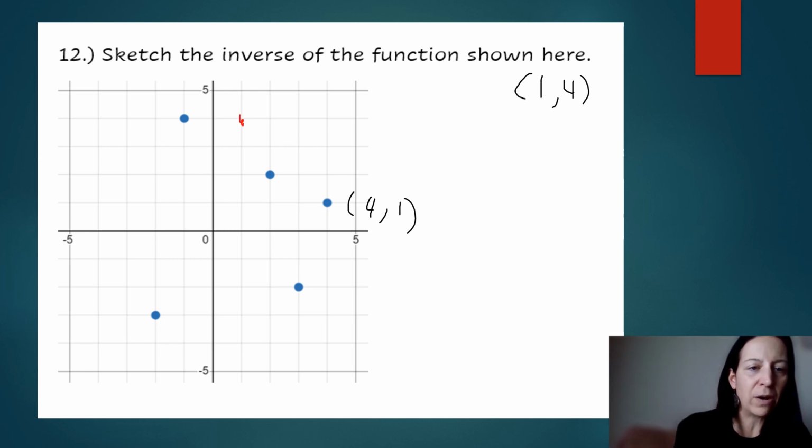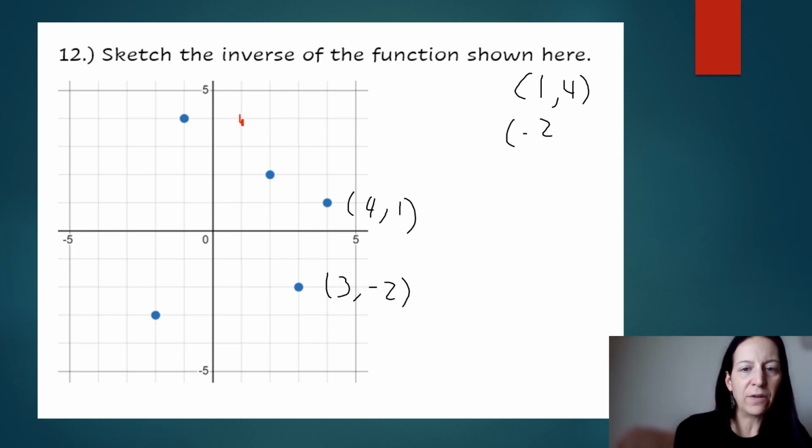And so I'll come up here and I'll put a dot there, and you want to make sure your dot is a different color. Okay, (1, 4). And then you could do the same thing. Say here, this is the point (3, -2), which means that on the inverse, you're going to have (-2, 3). I'm going to put it up there.